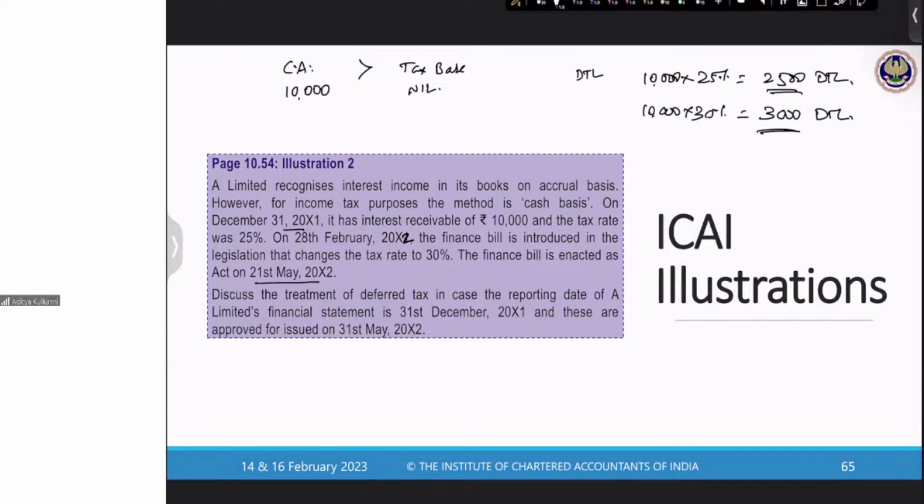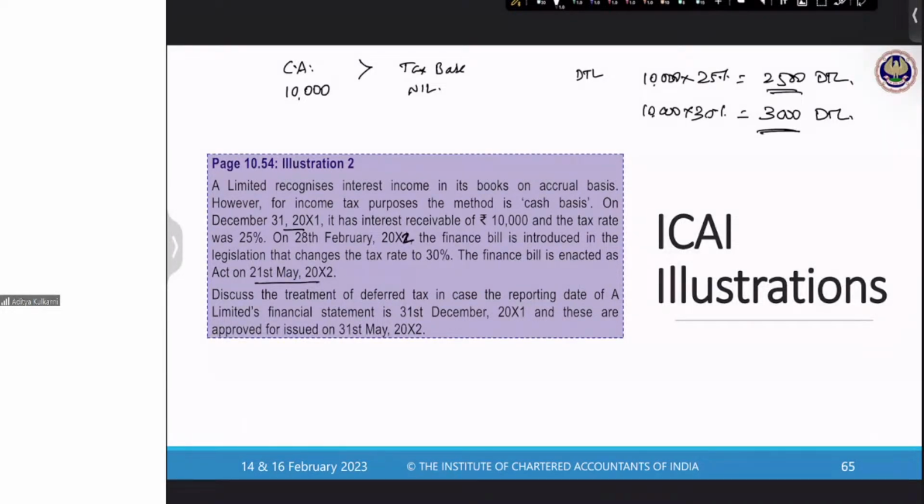But sir, the enactment has happened before they were approved for issue. So what? You are preparing your financials for the year 31st December. As on December, you will have to check the conditions, not as on the date when you are approving it for issue. See, the condition should exist on the reporting date.